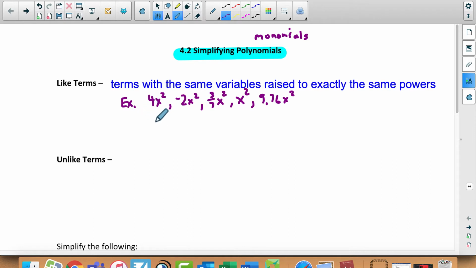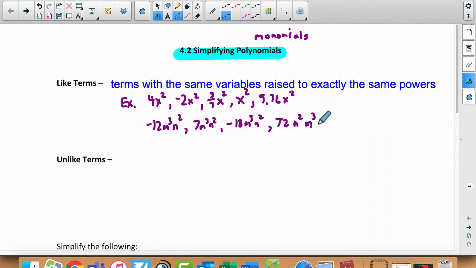How about another one? What if we had negative 12m cubed n squared? Well, a like term could be 7m cubed n squared. Or negative 18m cubed n squared. How about this? 72n squared m cubed.